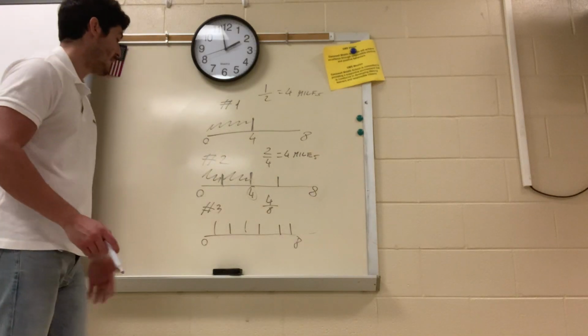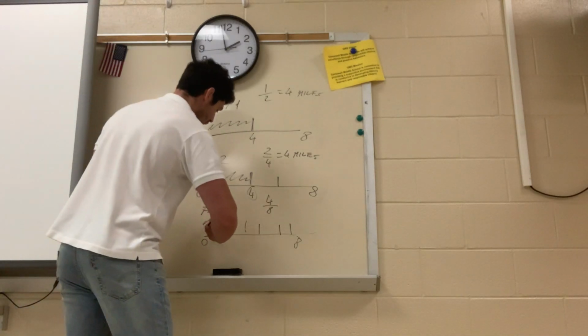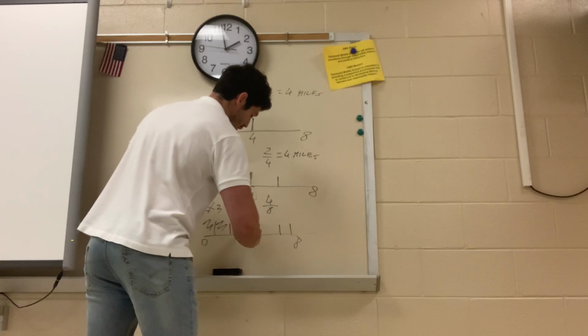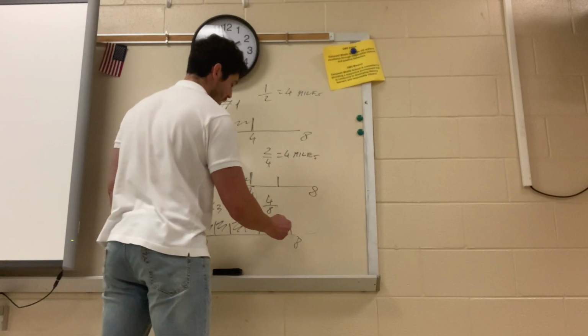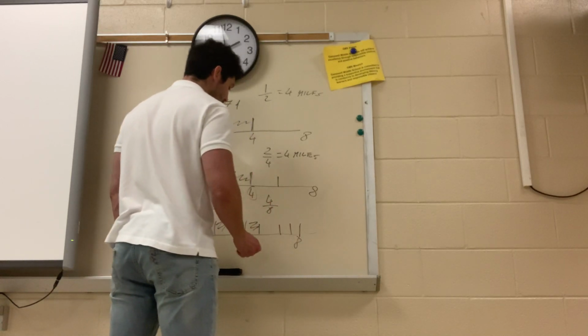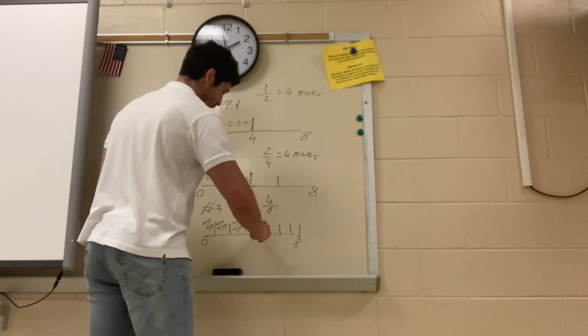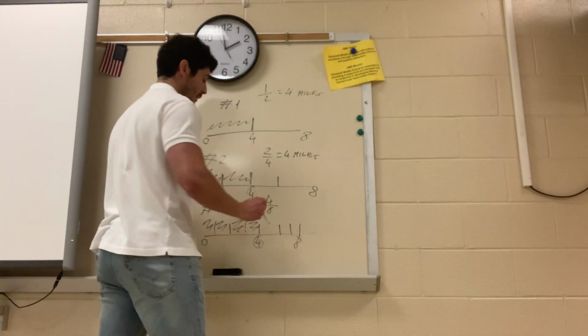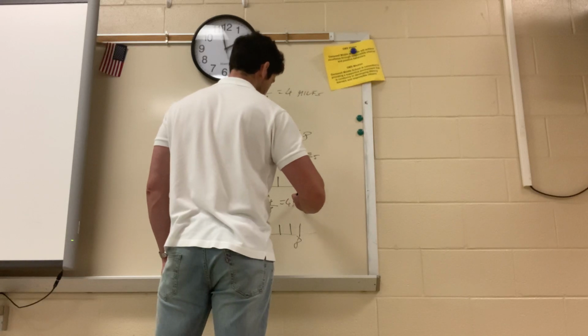And he ran 4/8. So 1, 2, 3, and 4, right? And guess what? This is still 4 miles.